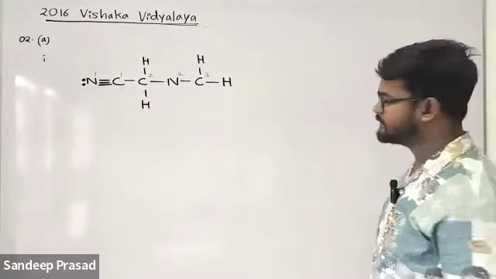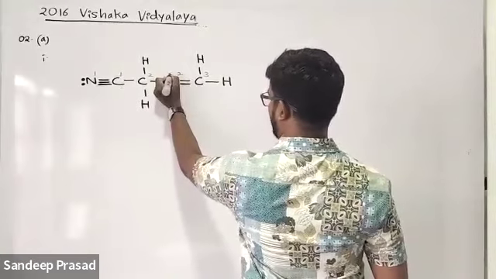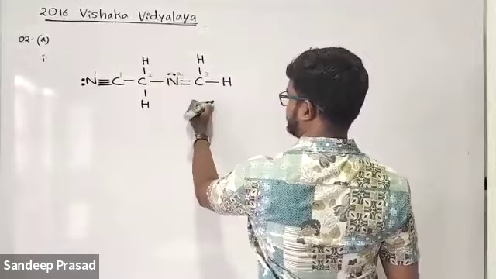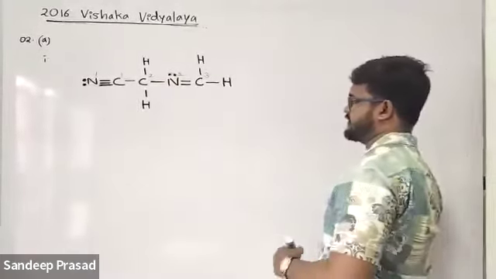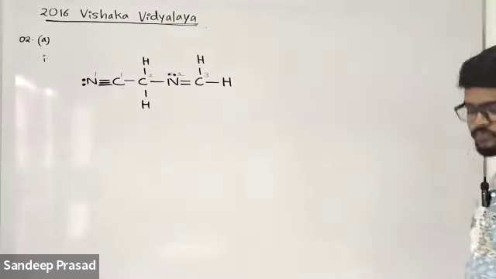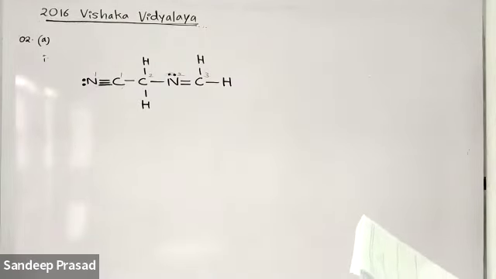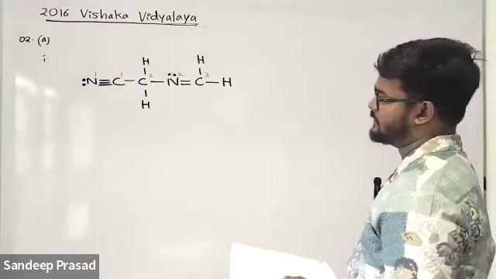Therefore, we don't have to worry. Okay. And what about this one? Here we can make a double bond and put a lone pair, right? And then we can see that this is also satisfying here. Okay, right? Now we can draw the correct Lewis structure.